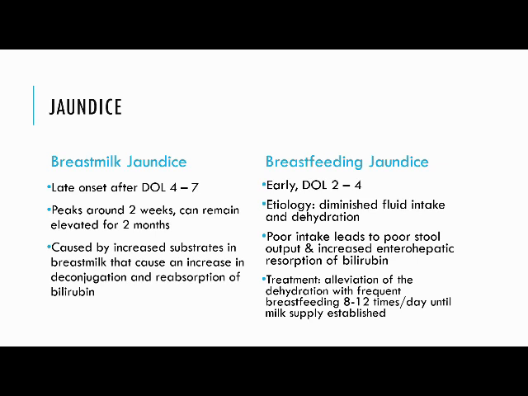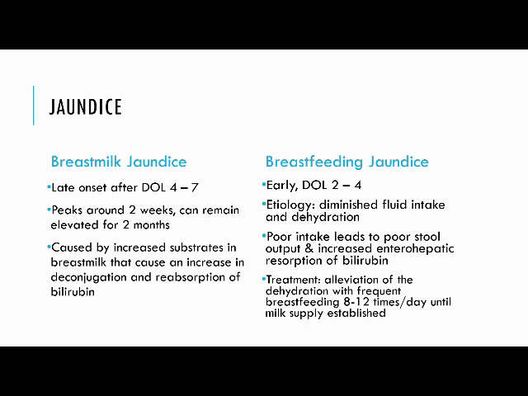Could be pathologic, yes. But if it's just a lower level and the baby's just sort of jaundiced, breastfeeding fine at home, everything else is fine, it could maybe just be a little bit of this breast milk jaundice that can remain elevated for 2 months and can ebb and flow a little depending on the quality and properties of the breast milk itself.